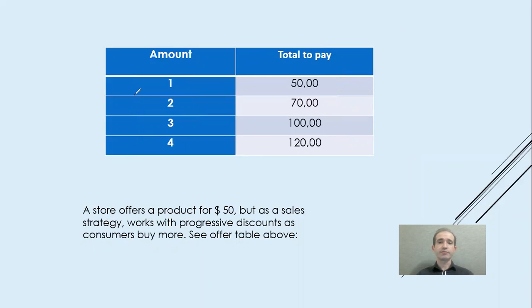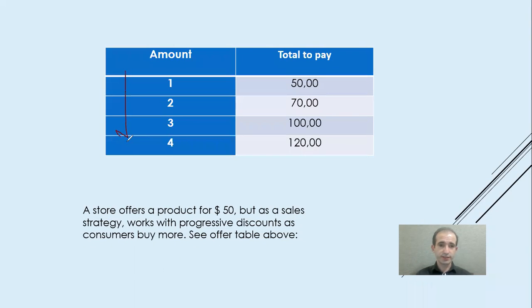In this case, the amount is increasing, the total to pay is increasing also. What kind of test do we need to do? We need to do the multiplication or division. What do you think?